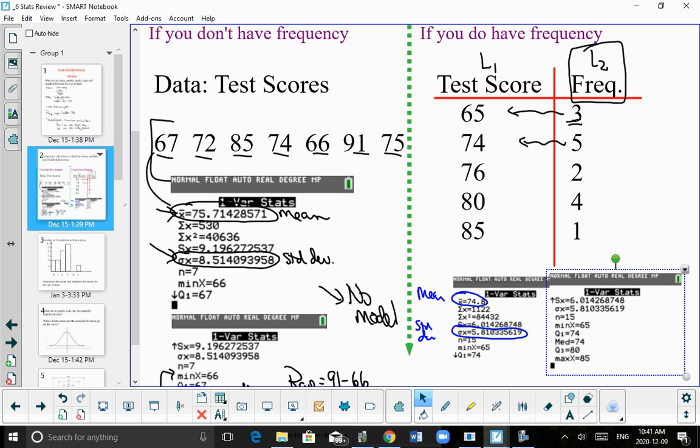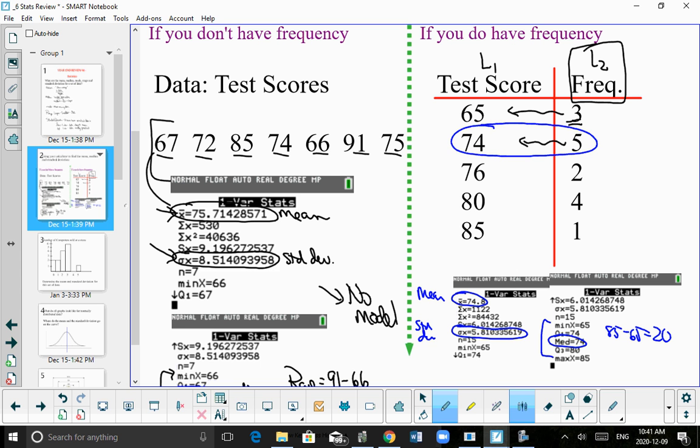Okay, so right here is my median. From my range, I go 85 minus 65, so my range is 20. And then for mode, mode is the most frequently occurring, so 74 is my mode because it occurred 5 times in the data set.